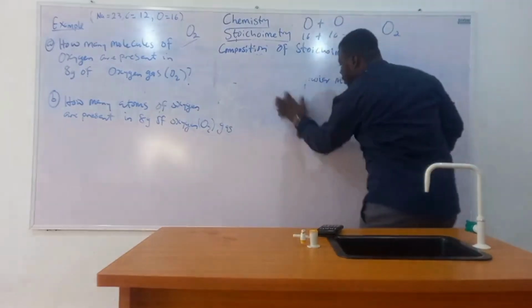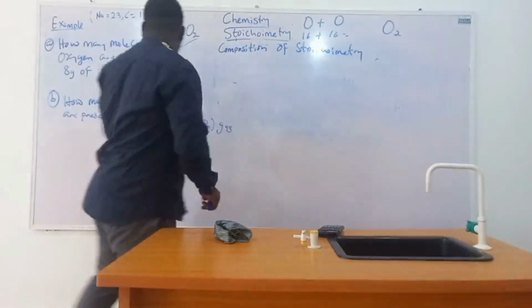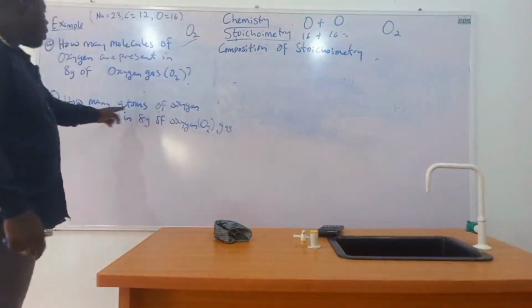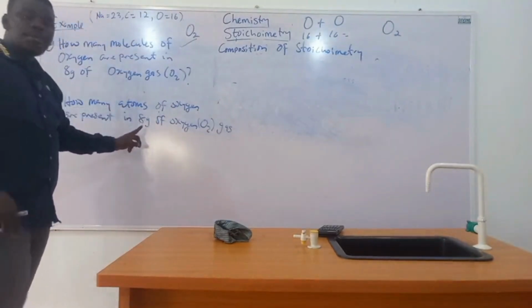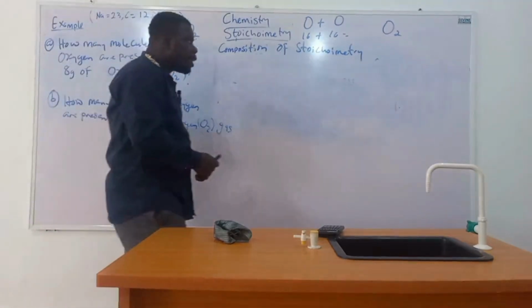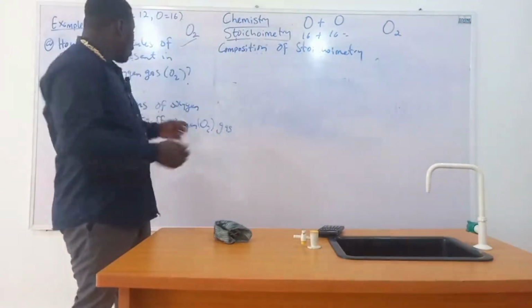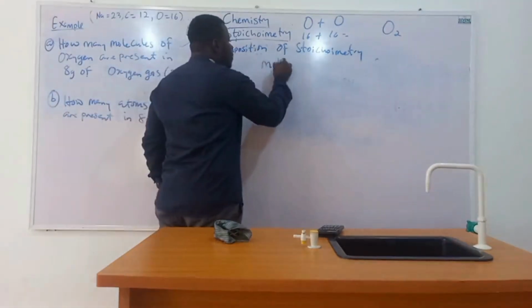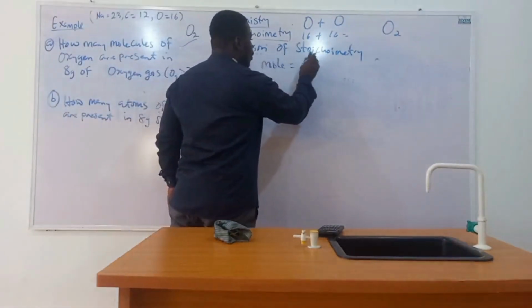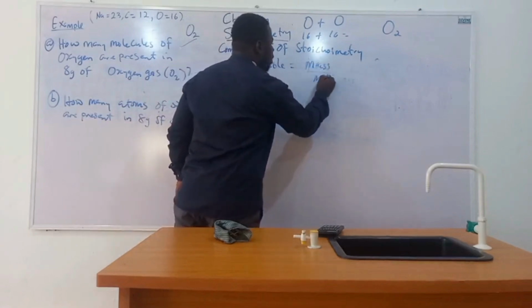Now B says we should calculate the number of atoms in the same 8 grams of oxygen. Now, the first thing we do, recall, whenever mass is given, mole is equal to mass over what?